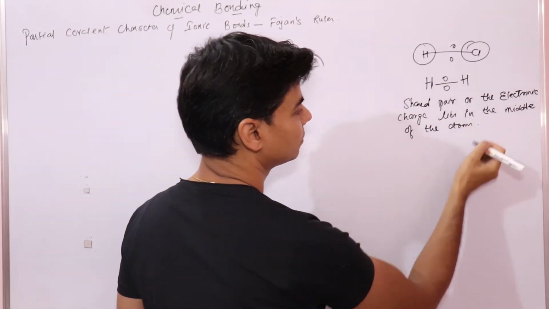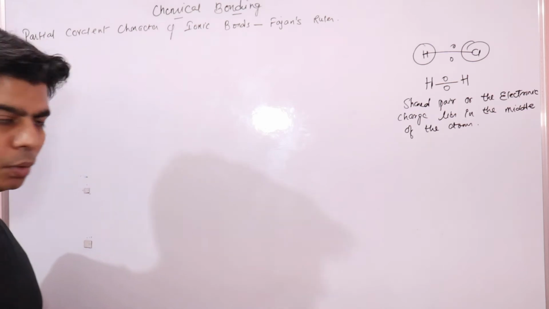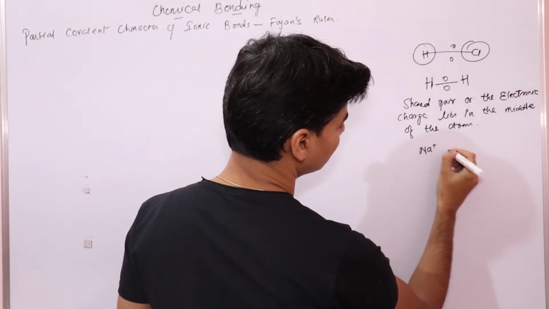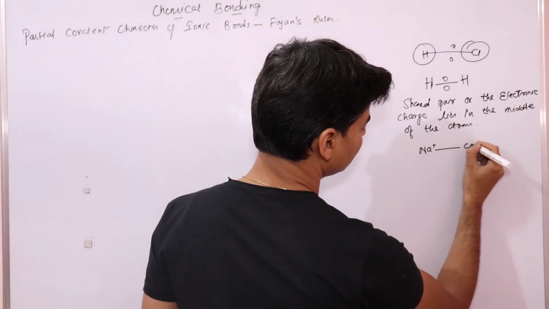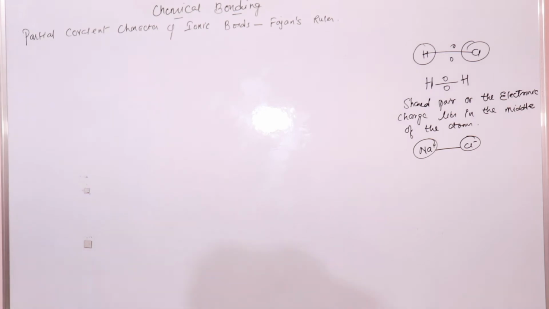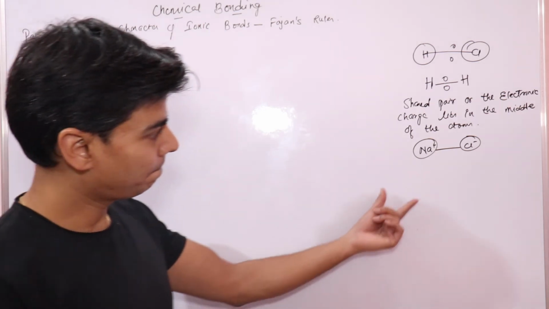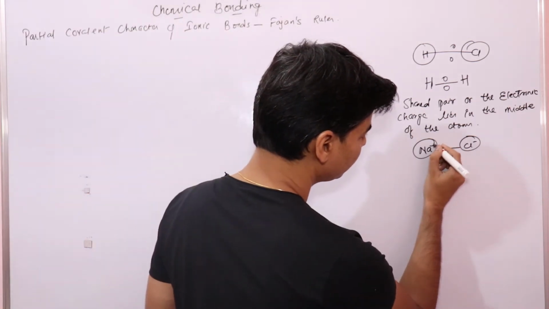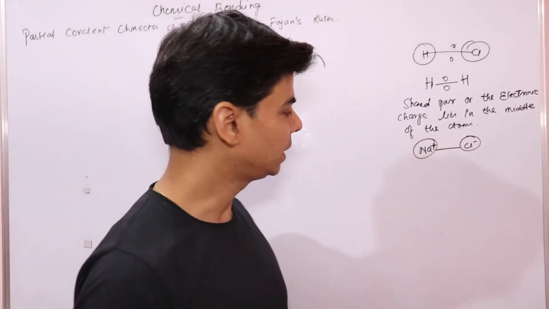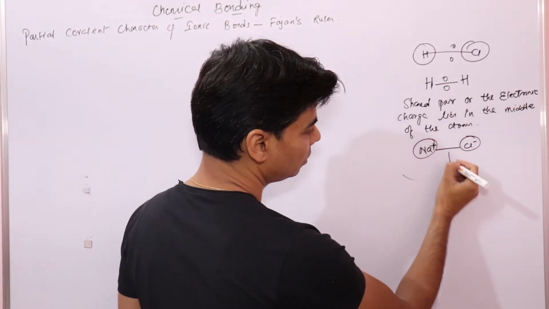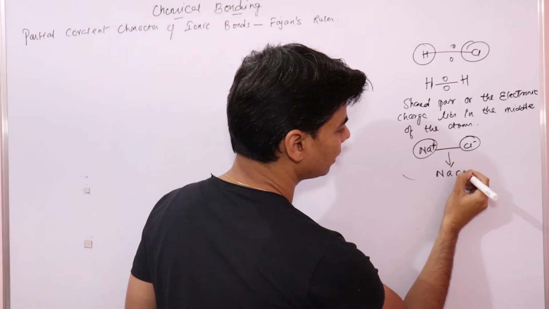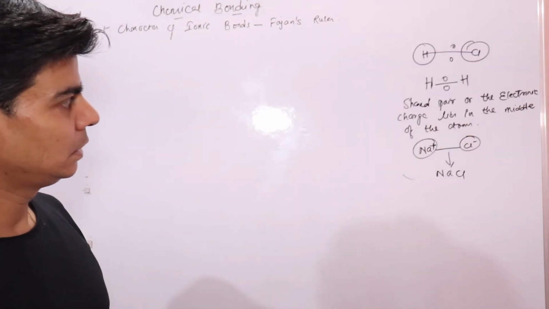Now let's look at a compound like sodium chloride. In sodium chloride, this is the sodium ion and this is the chloride ion, and this compound is formed due to high force of attraction between cation and anion.